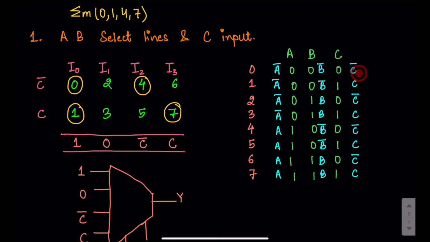Looking at C, we have C bar, C, C bar, C, C bar, C, and so on. Because we have chosen C as the input, we write 0 on this side and 1 in front of C and not C bar. So you have the counting as 0, 1, 2, 3, 4, 5, 6 and 7.